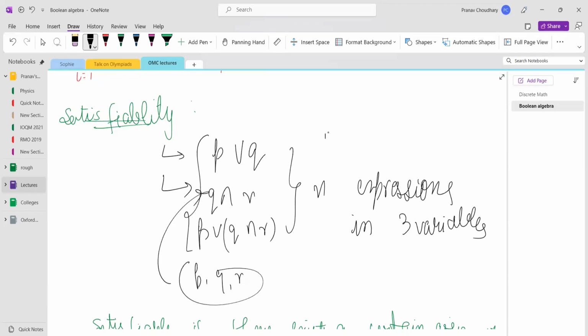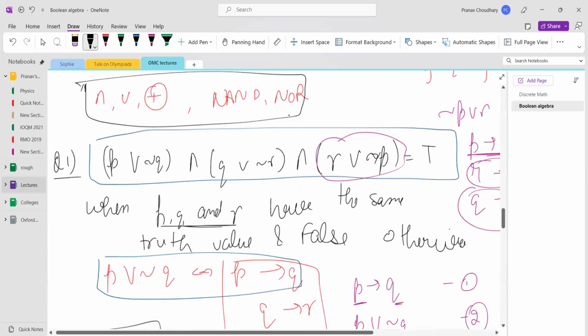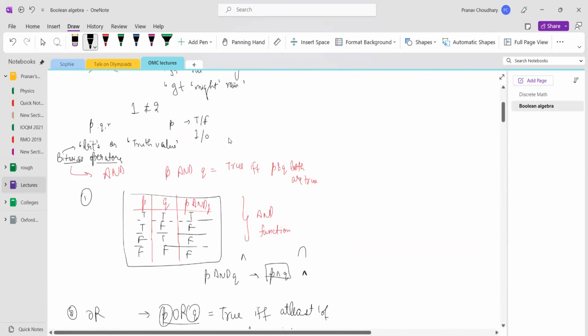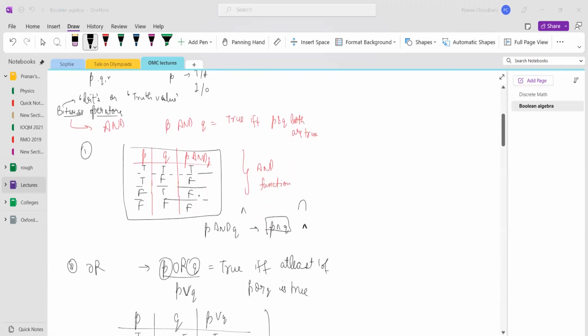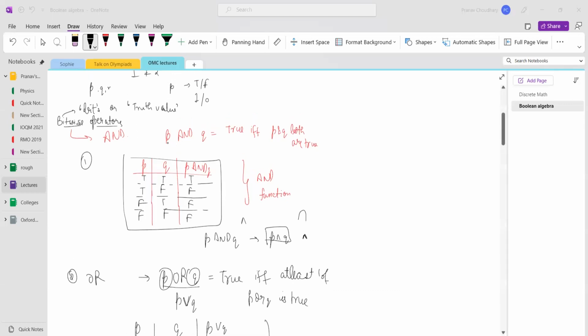Do you know what a proposition is, and what this P and Q which I have written here are?